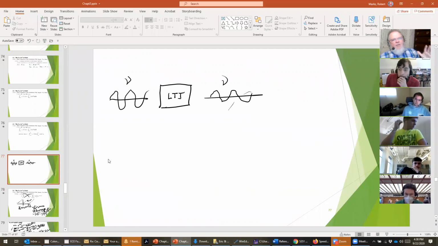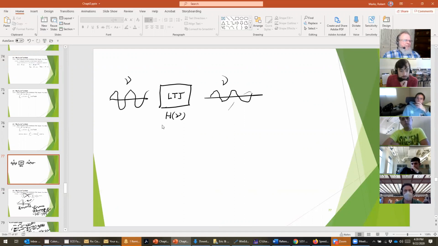But it's going to have a different magnitude and different phase. And the magnitude and phase are kept track of by H of nu. And this is one thing that we need to be careful of. We think that we're really great in Fourier analysis and systems theory, but this only applies to LTI systems.